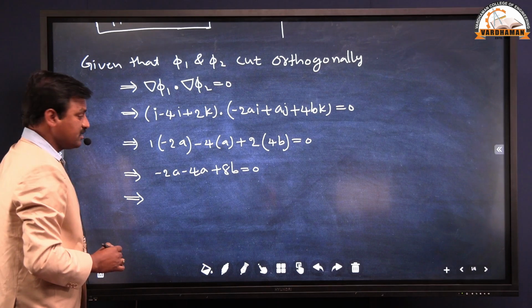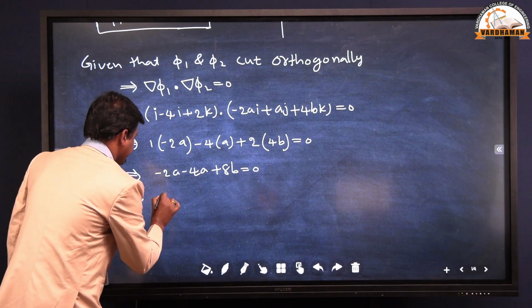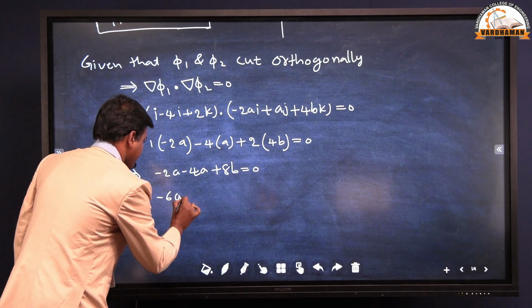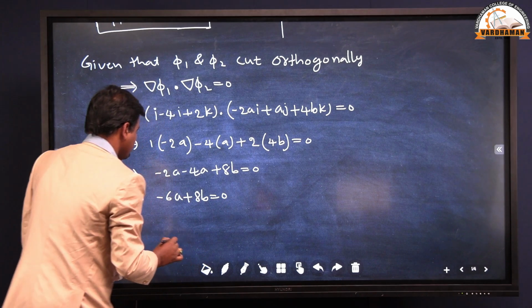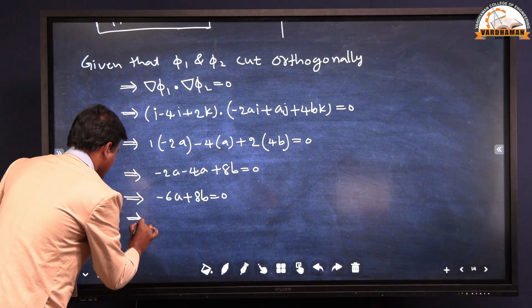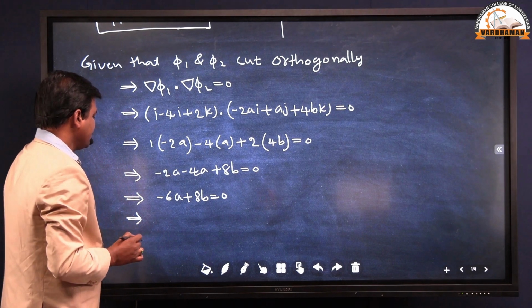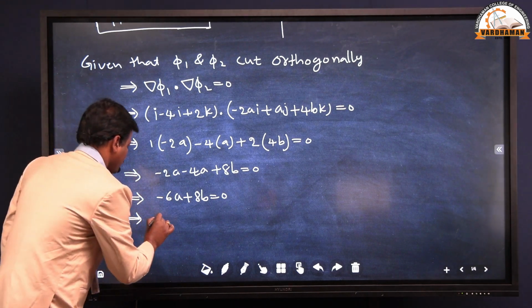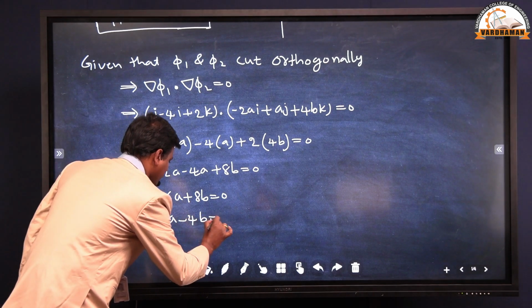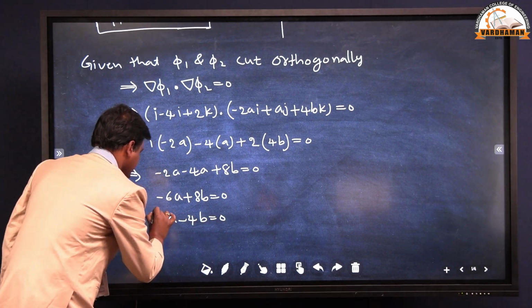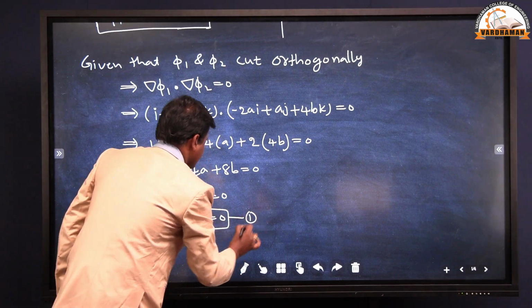This implies minus 6a plus 8b equal to 0. Dividing by minus 2 we get 3a minus 4b equal to 0. Denote this as equation 1.